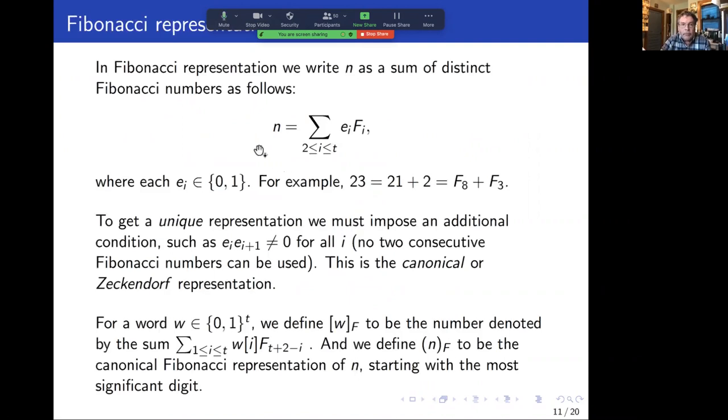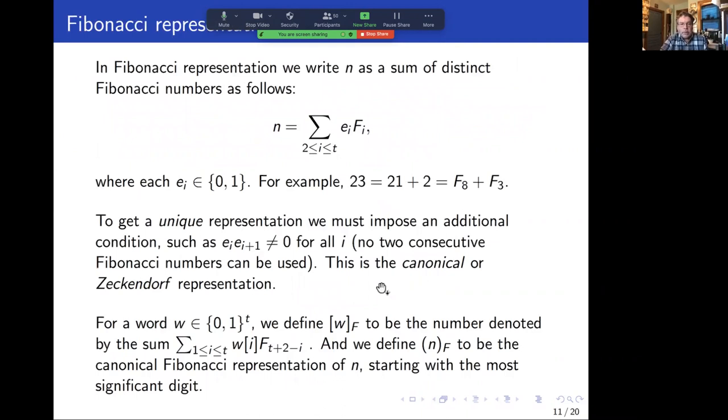Okay, well, so let me just remind you what Fibonacci representation is very briefly. It is a way of writing n as the sum of e_i F_i, where these coefficients are 0 and 1, and where we never have two consecutive ones. So for example, 23 is 21 plus 2, F8 plus F3, and we don't have two consecutive Fibonacci numbers there.